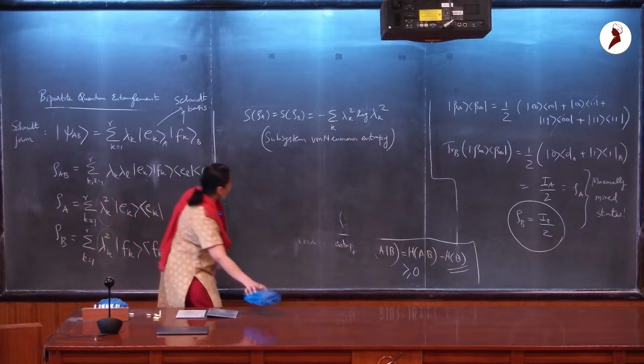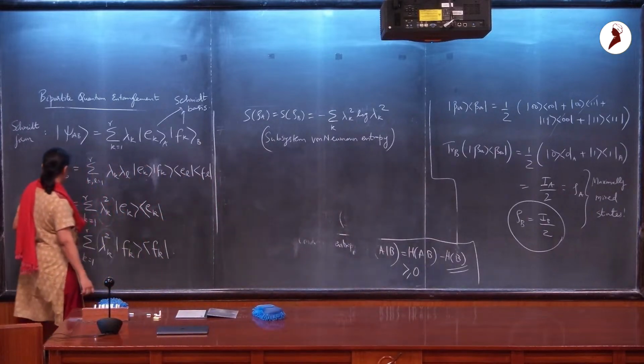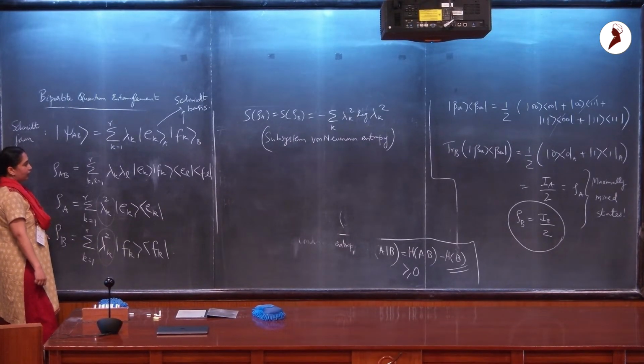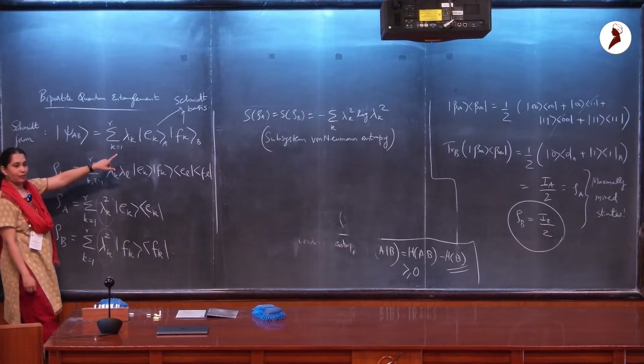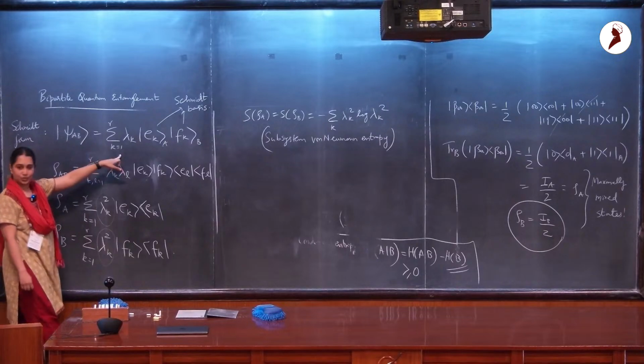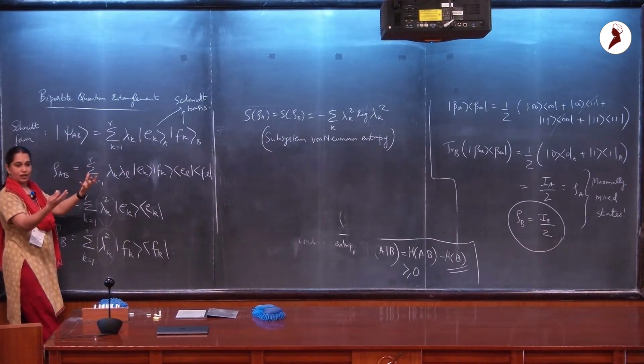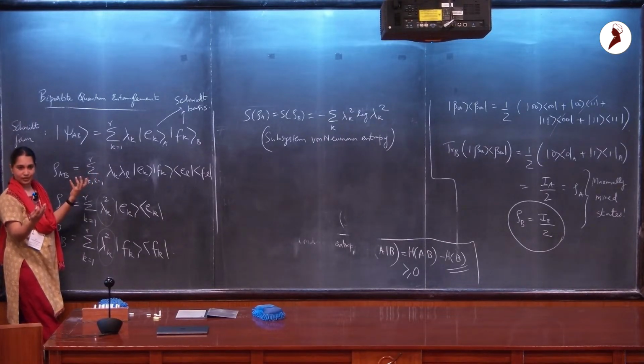Because suppose my subsystem states were pure states, right? If the reduced states were actually pure states, when is that possible? There's only one non-zero lambda K. So there's only one term in the Schmidt expansion, right? Which means my joint state was basically a product state.